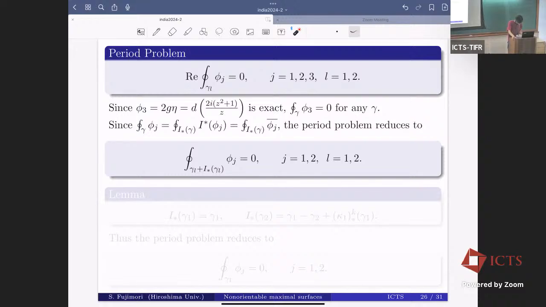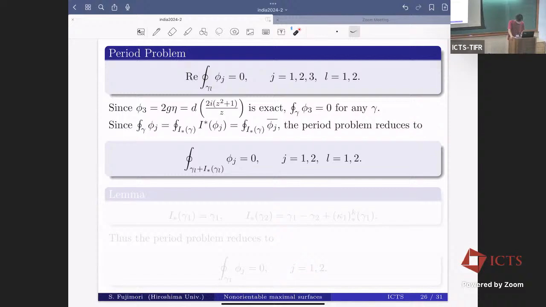Also, the integral of phi j with respect to gamma equals this. This holds in general. And the property of I is just complex conjugate. So we only need the real part to be 0.